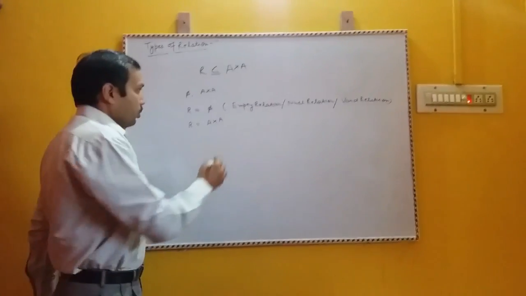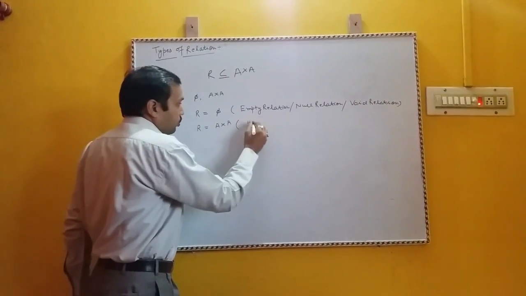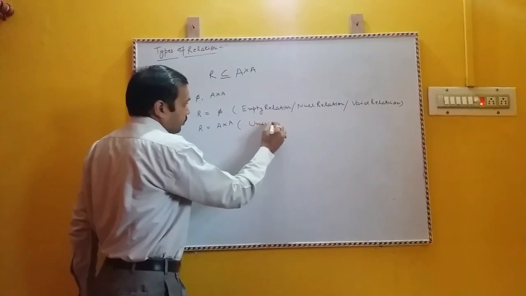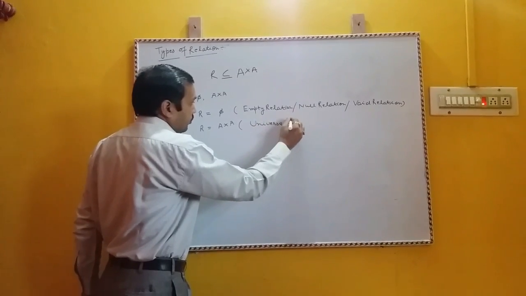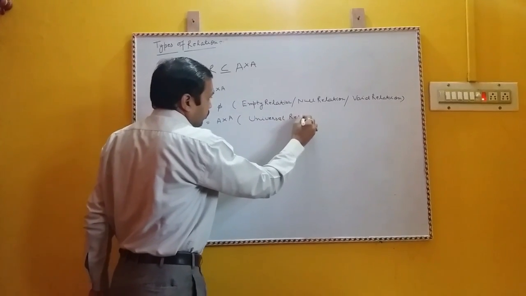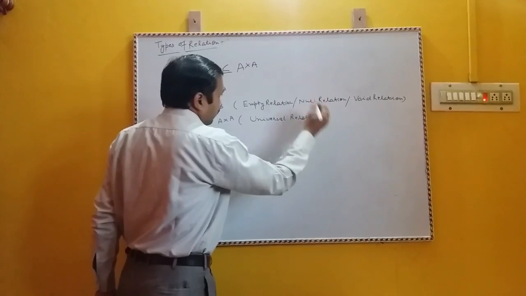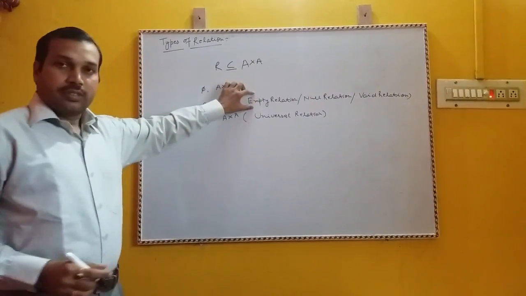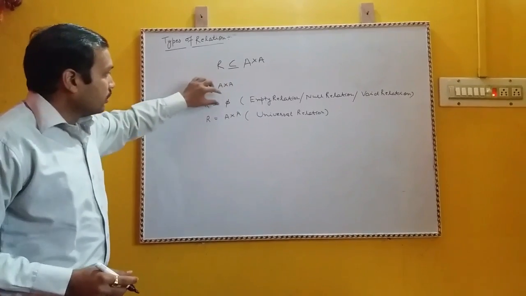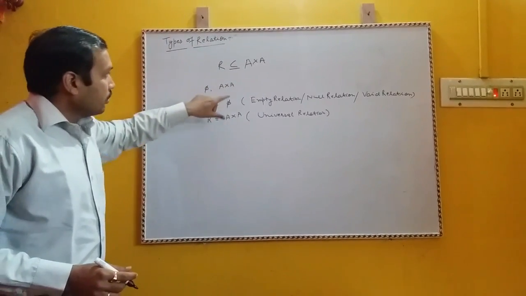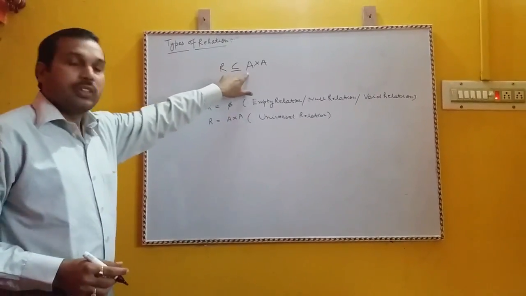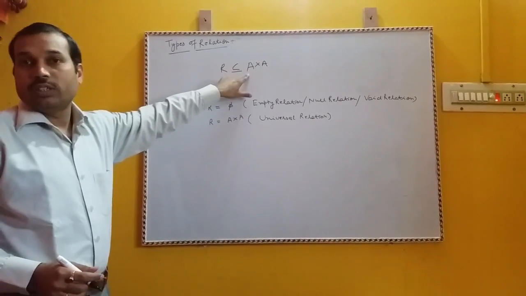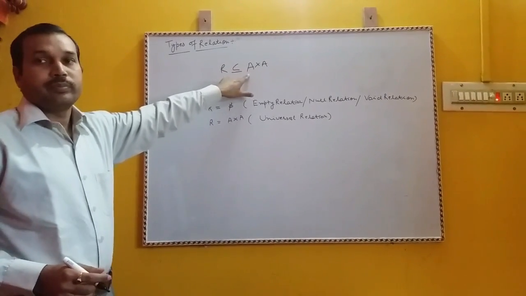Whereas R equal to A cross A is called universal relation. An empty relation means no element of A is related to any element of A.